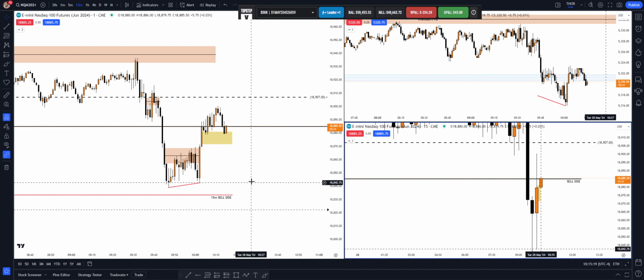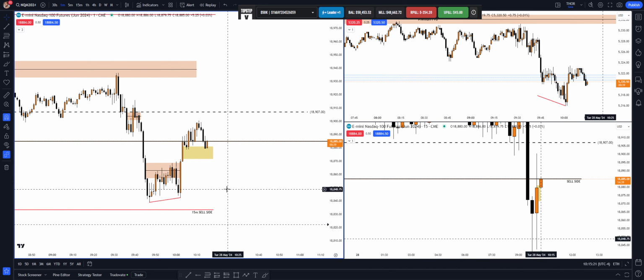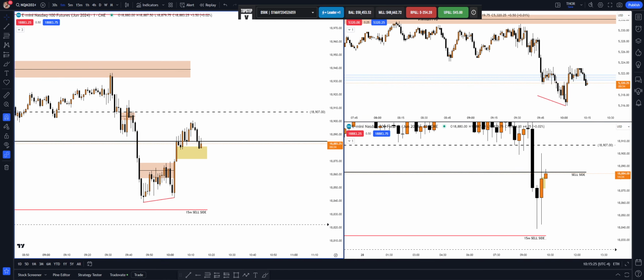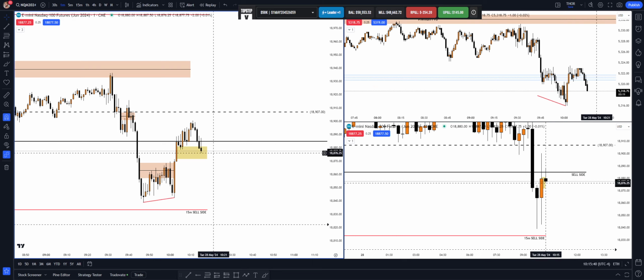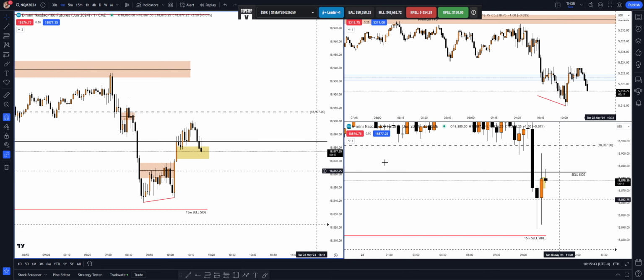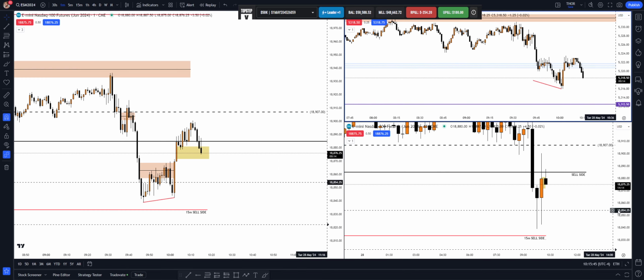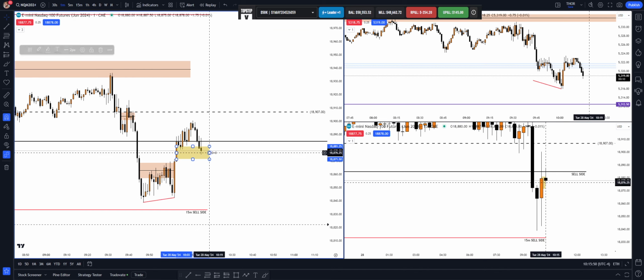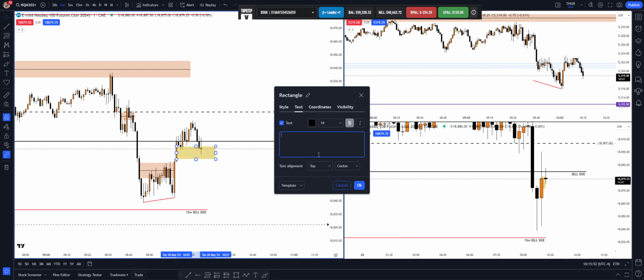Not what I wanted to see. So inversion of this fair value gap really confirms the trap.